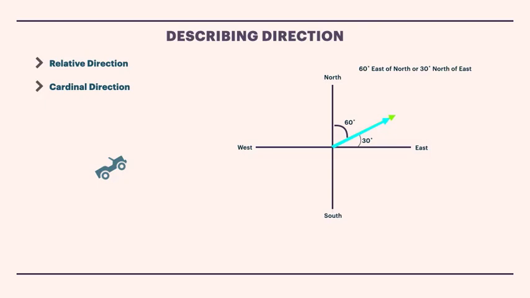Then any directions in any of the other quadrants could be described the same way. It's going to be so many degrees away from whatever direction you're comparing to and in the direction of whatever direction you rotate toward.